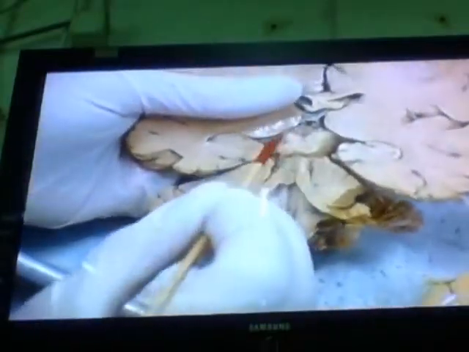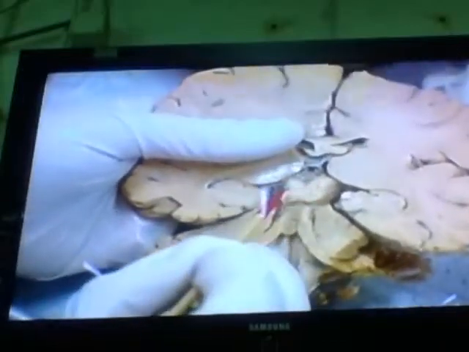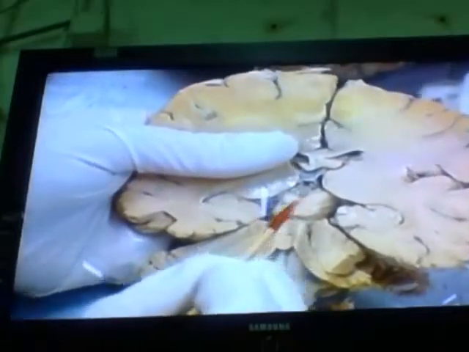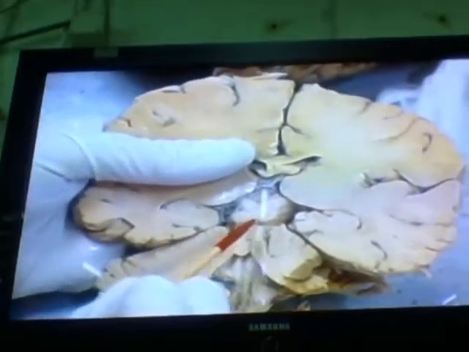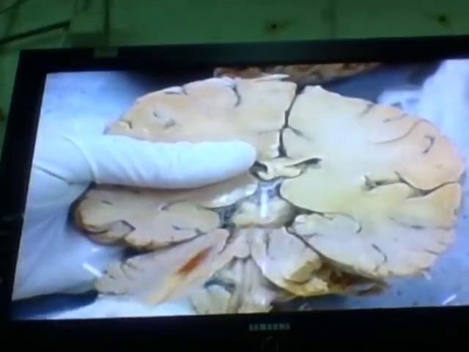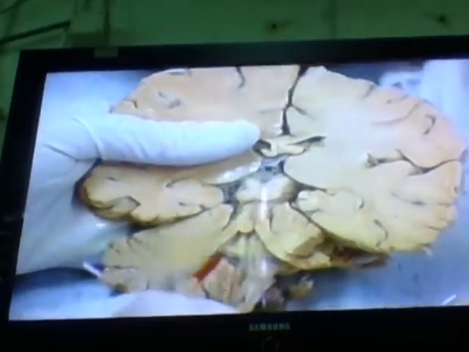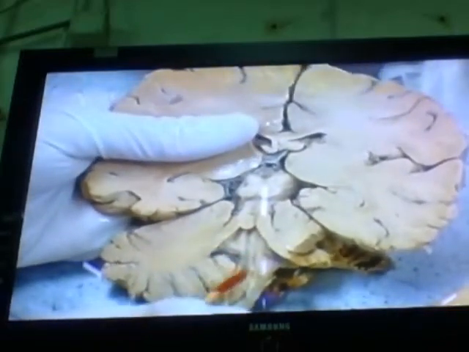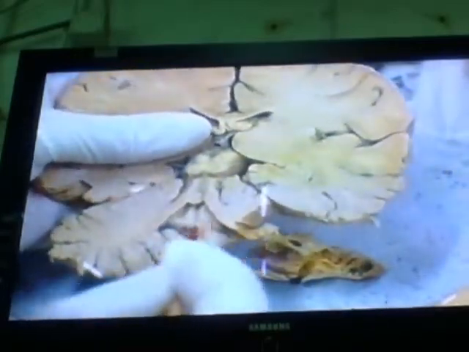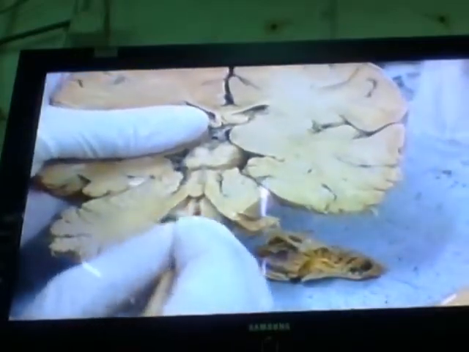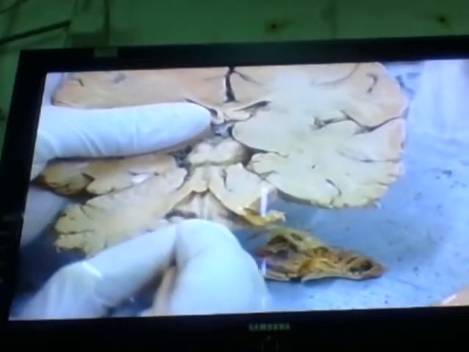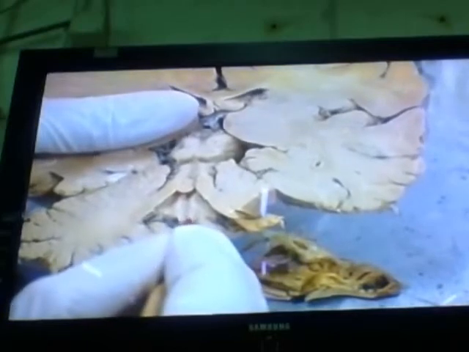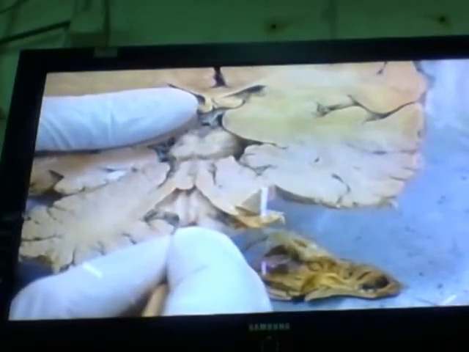So here you can recognize the superior colliculi, okay? Here we have the inferior colliculi. Here you will have the fourth ventricle, and here you have the floor of the fourth ventricle, okay? And in the floor of the fourth ventricle, what do you have at this level?